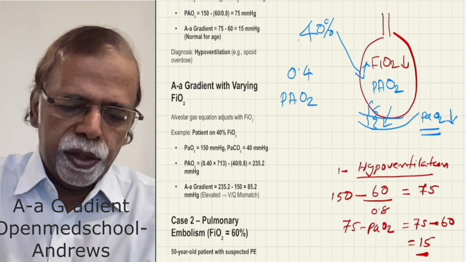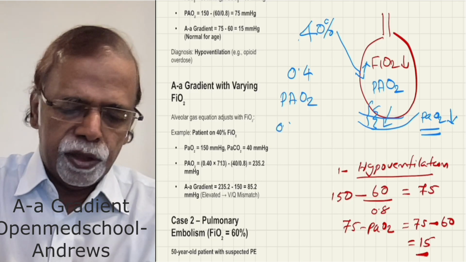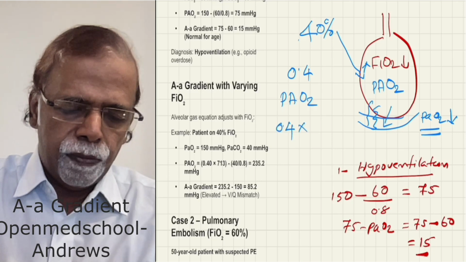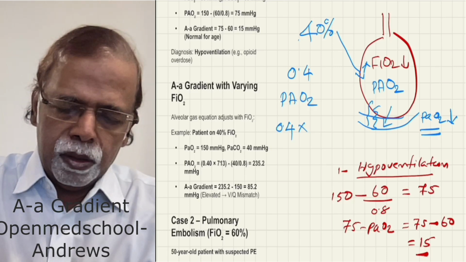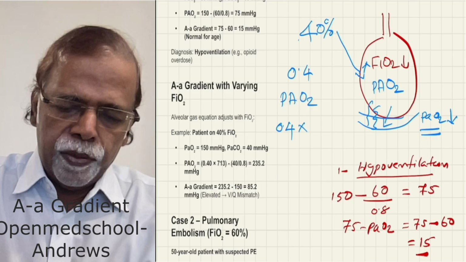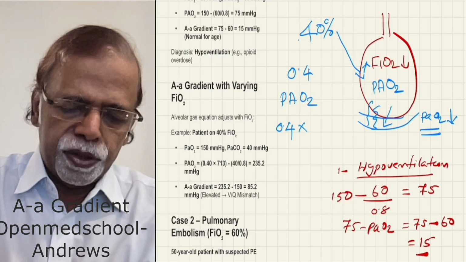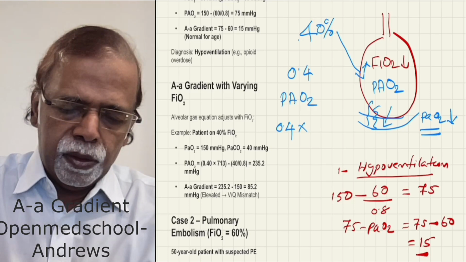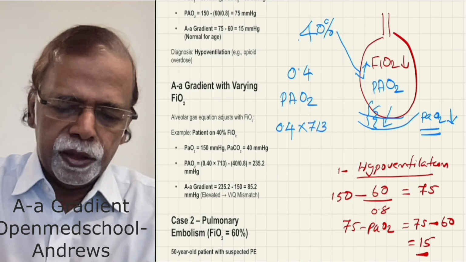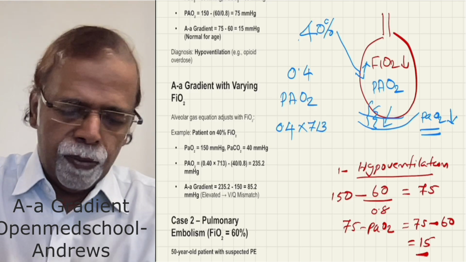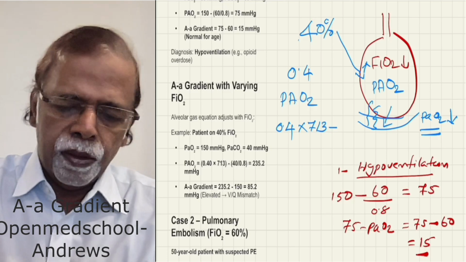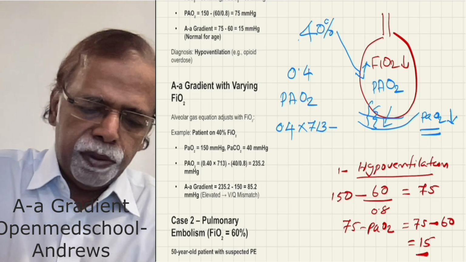We can calculate by 0.4, that is FiO₂, into the barometric pressure minus water vapor pressure, so 713, that is 760 minus 47, minus PaCO₂ divided by 0.8, the respiratory quotient.